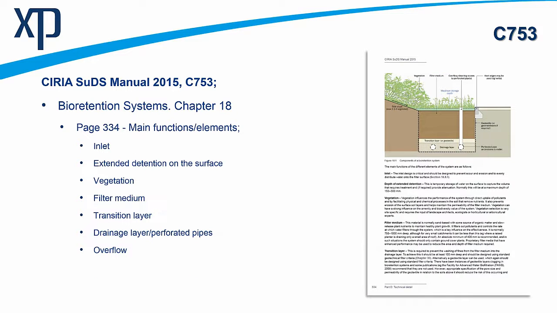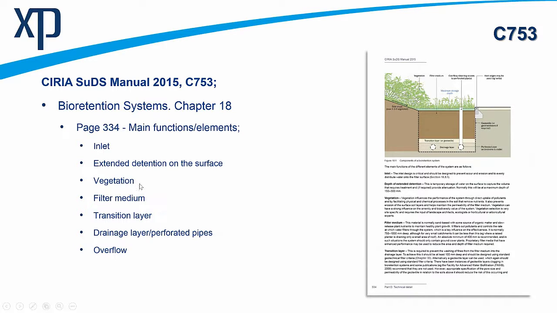So the main functions and the main elements of bioretention systems are the inlet, so the inlet condition where the runoff is entering into the structure. The fact that we have an extended detention time, a delay time of that surface water runoff at the surface in the depression.